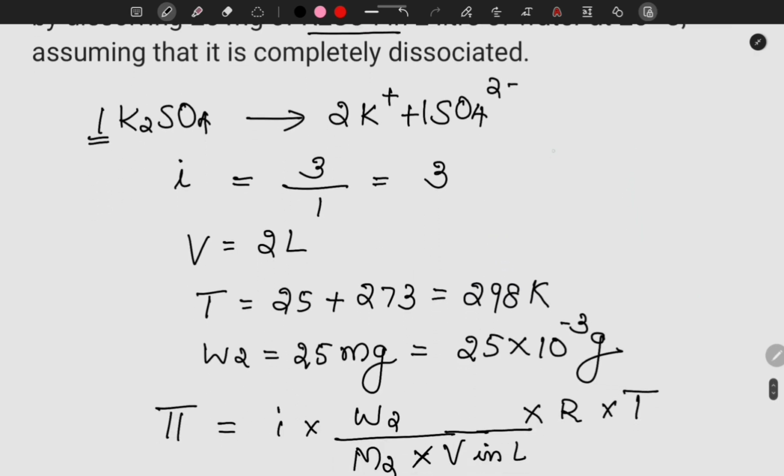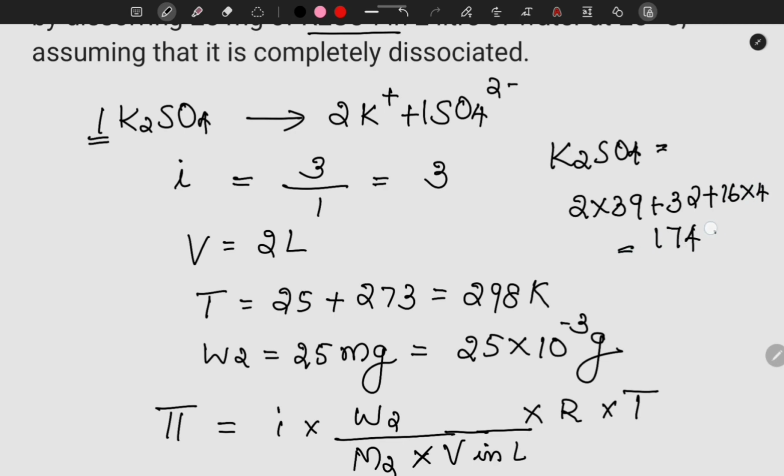So for K2SO4, we have to find out the molar mass, that is potassium 39, 2 into 39 plus sulfur 32 plus 16 into 4. So when we simplify this, we will get 174 gram per mole.